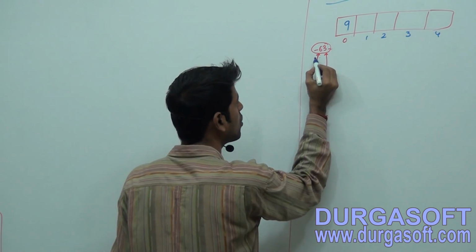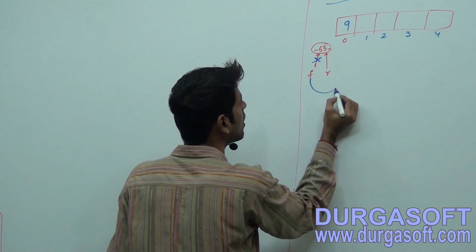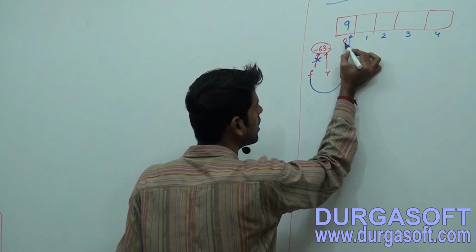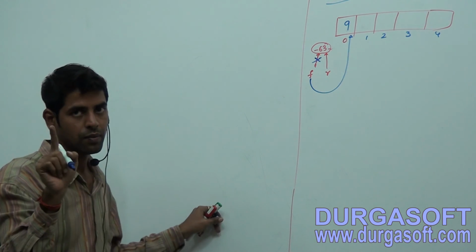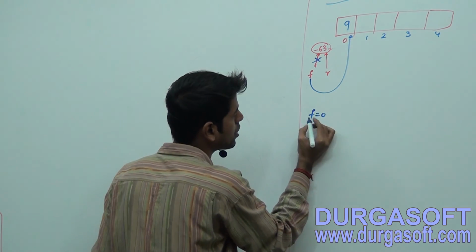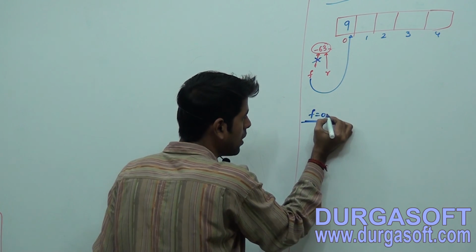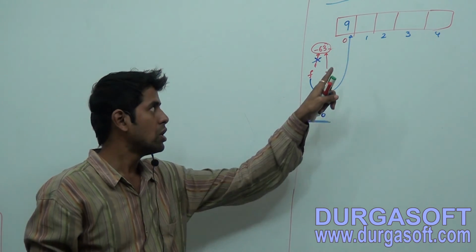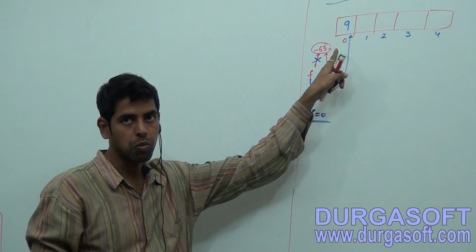Yes, don't make f hold minus 63, make front refer to the 0th index. Now the f value in memory will be 0. Now f is having 0, please observe, 0 is a pointer only, right?